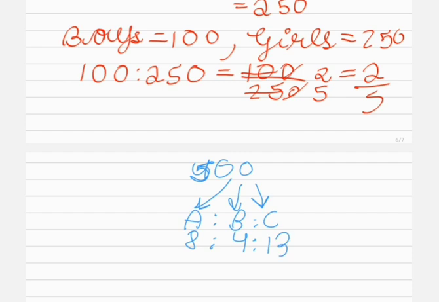And here we can take x as a common factor of all of these. So let's continue. The common factor is x again. 8x is to 4x is to 13x.